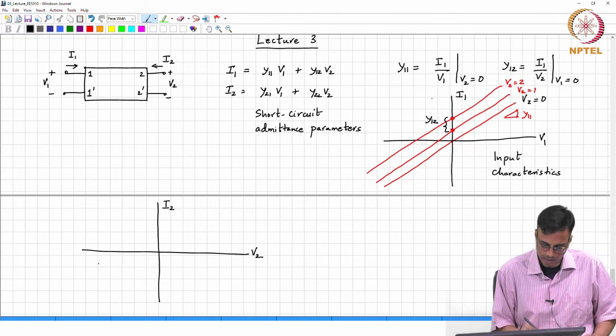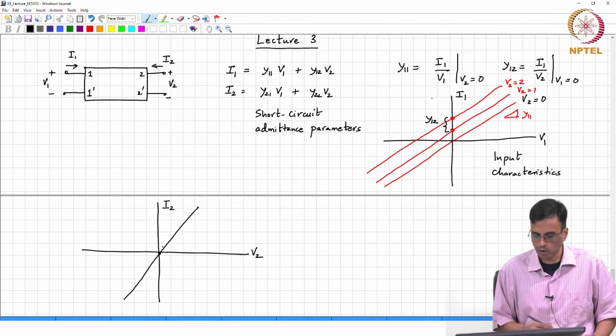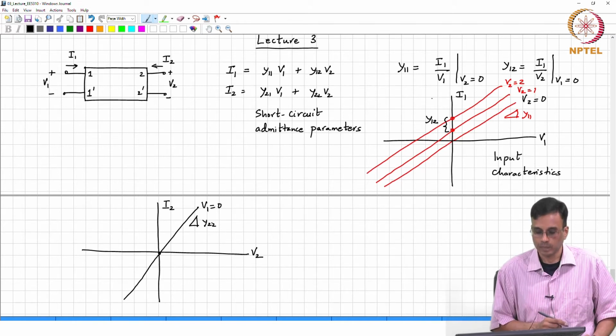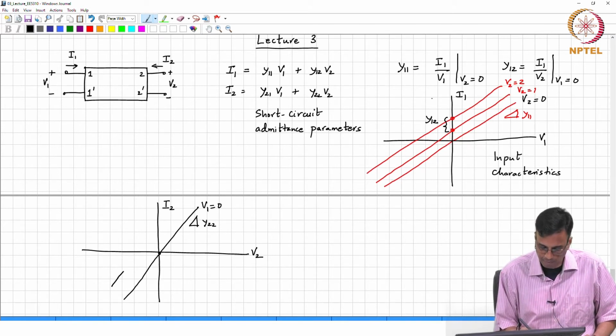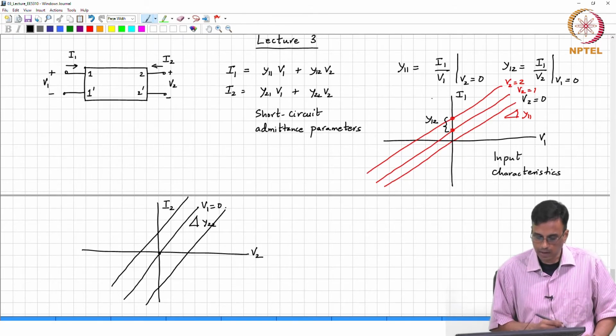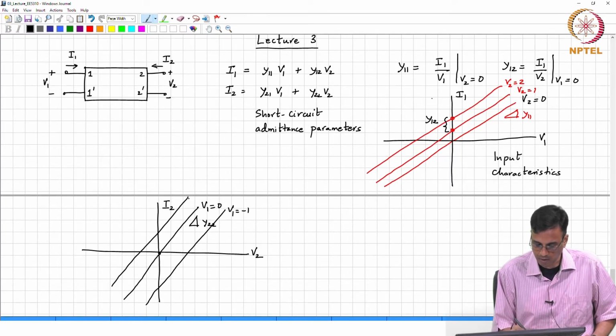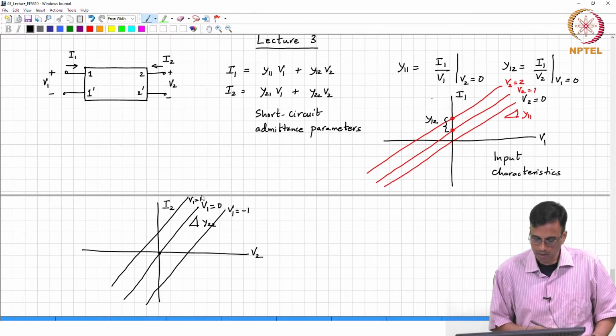Again, I am just going to draw some pictures. This is going to pass through the origin. This is for V1 equal to 0, and the slope is y22. Again you will get a family of lines which are parallel to each other, say V1 equal to -1 and V1 equal to 1.